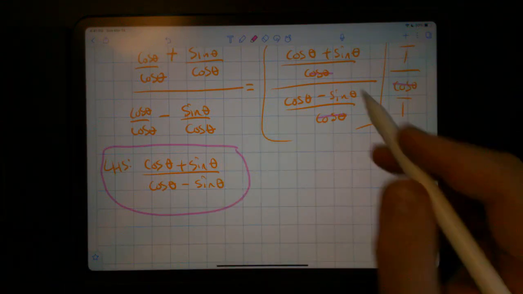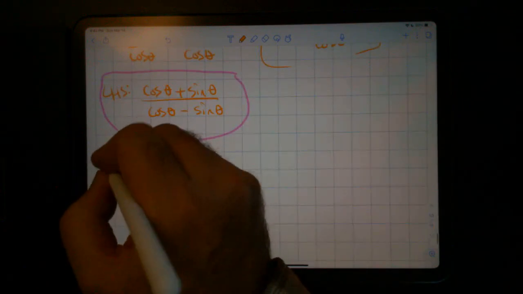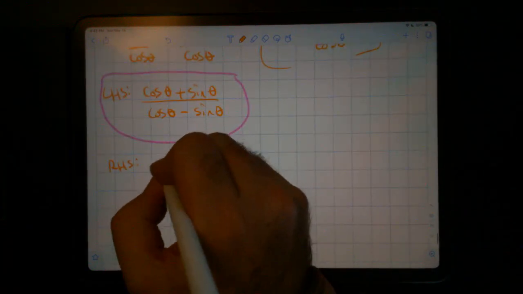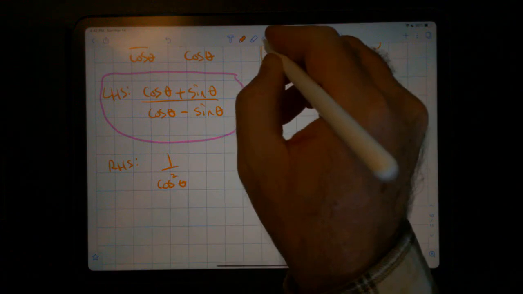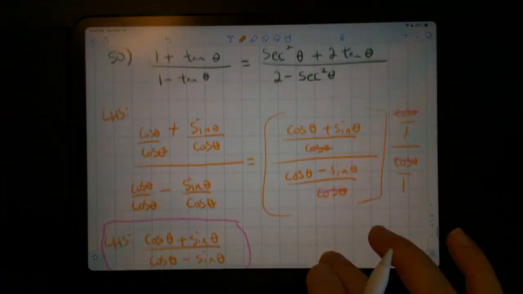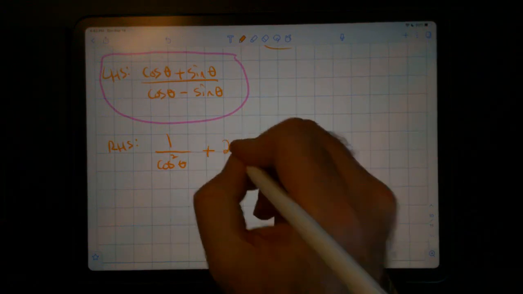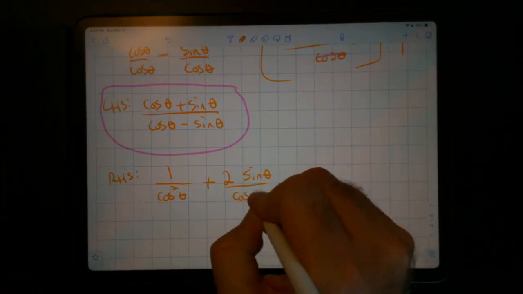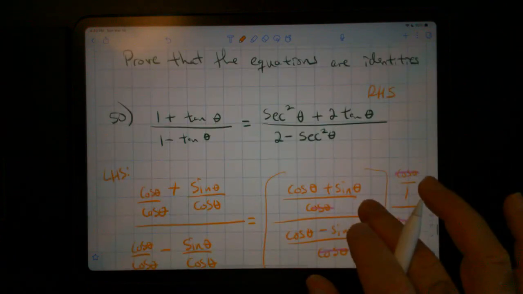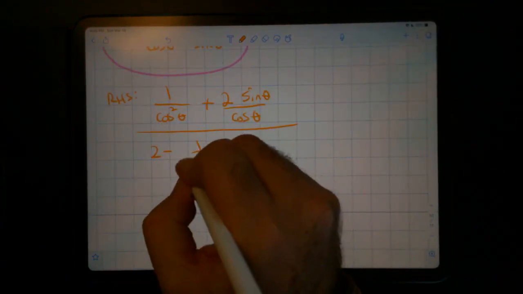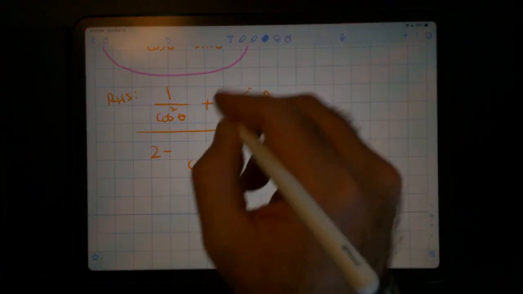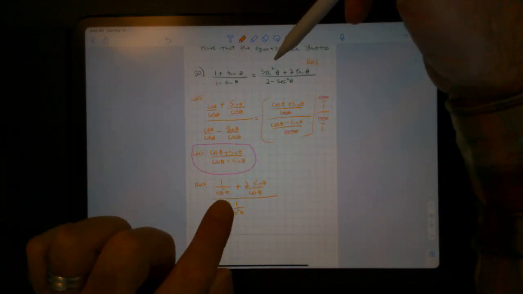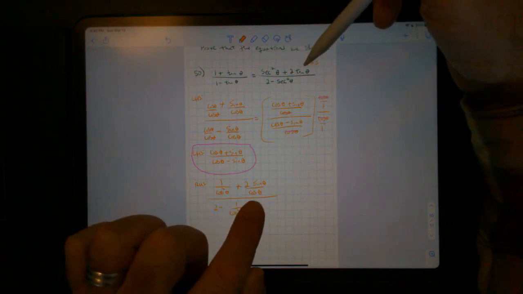Hopefully we can make the right-hand side look like this. So the right-hand side is secant squared plus 2 times tangent, but tangent is sine over cosine, and then the whole denominator is so we have secant squared, which is 1 over cosine squared, plus 2 times tangent theta.